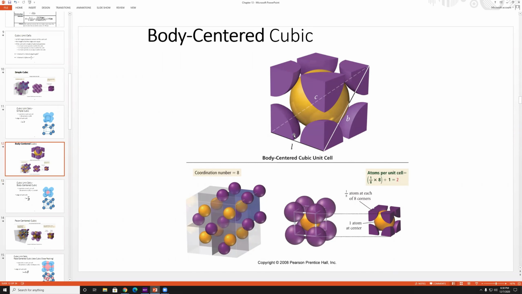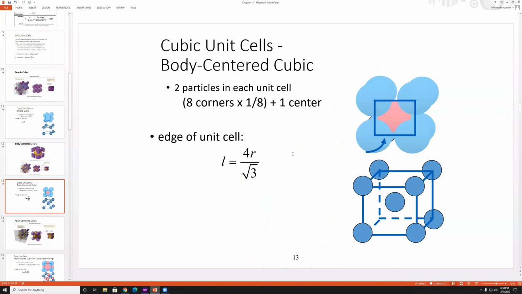So that would be the math there. It's been a while for trig, but I don't know, SOHCAHTOA, hypotenuse, whatever. So good luck with your trigonometry. But basically, for the body-centered cubic, you have 4r over square root of 3 equals the length of each side. You can cube this to give you the entire volume. Any questions on that?